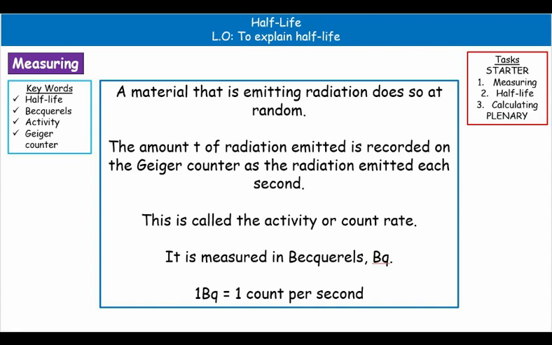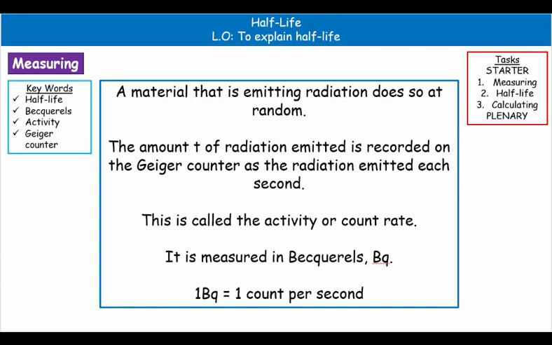Now, what we actually find then is that in order to measure the amount of radiation emitted, we use our Geiger counter, and we're going to record that as the radiation emitted each second. And what we refer to is something called the activity or the count rate. So wherever we're talking about the activity of a substance, we're actually talking about the amount of radiation emitted each second.